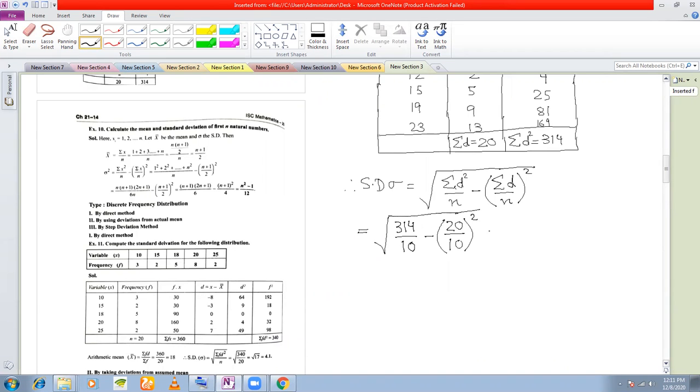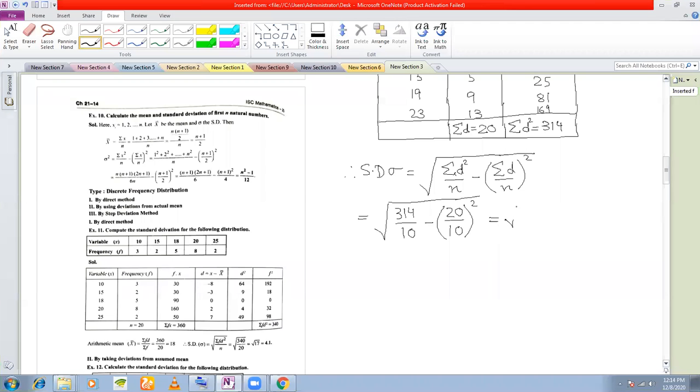So now this is root over of 314 by 10 minus 2 square. We have square root of 314 by 10 is 31.4 minus this, 0 cancels.